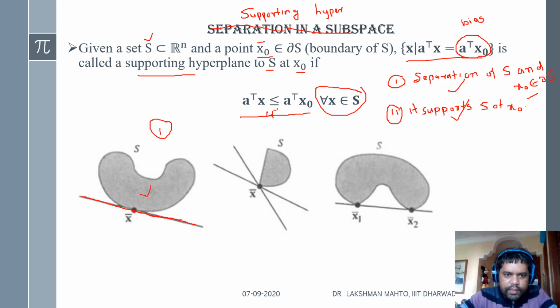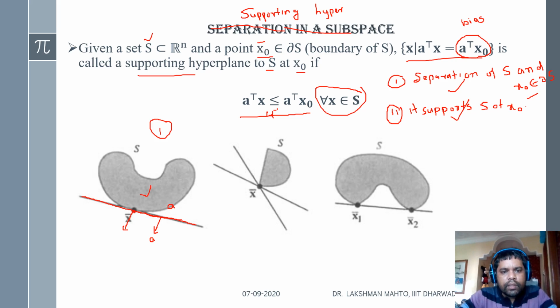Also, apart from separating, it is also supporting. So for this part, elements of S, you can write it. So you need a direction. Suppose the direction of the normal; with respect to a set, we always consider the outward normal direction, like this way.